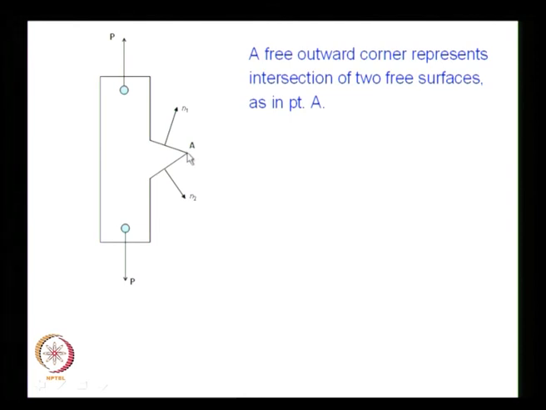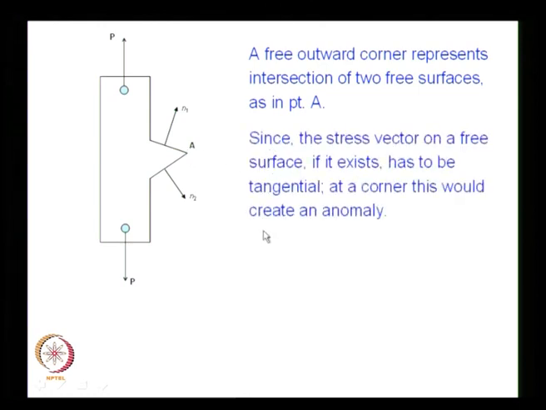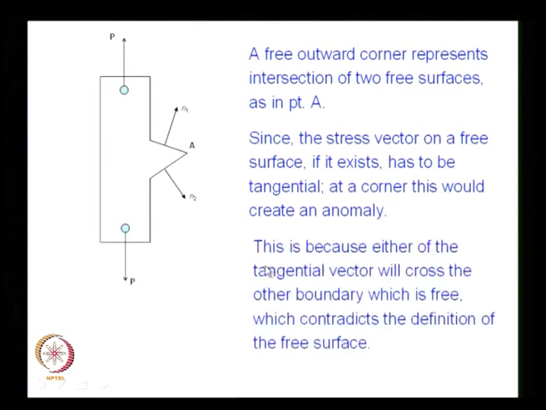So, if I take this point, it can be only tangential like this, or if I take this surface, it can be tangential only like this. So, I cannot have a contradiction. For the contradiction to be satisfied, it would create an anomaly. So, I have to have stress tensor to be 0.